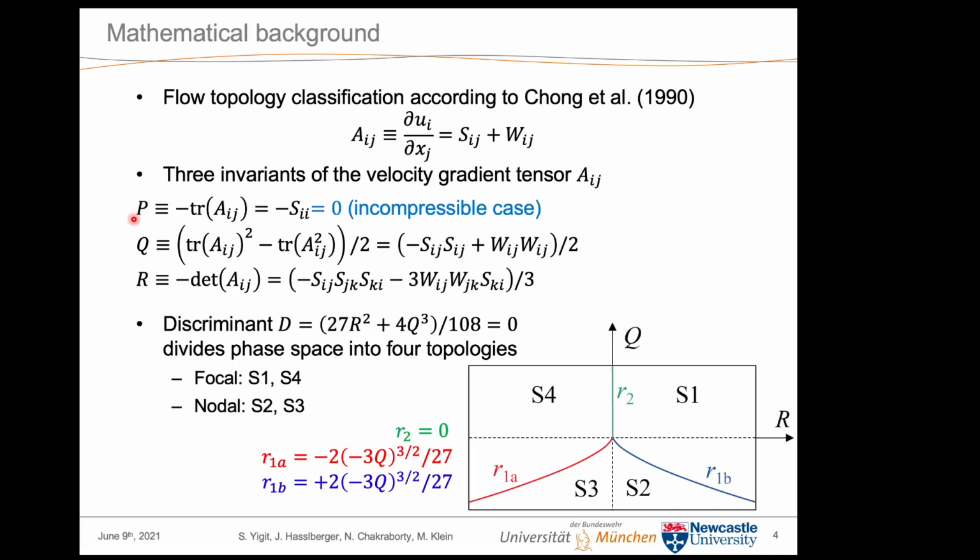Luckily here, for incompressible flows, the first invariant is 0, which makes the thing much easier. But then still we have the second invariant and the third invariant. And if you have a look at the mathematical definition here, you can also see that via the contraction of the rate of strain tensor, which is the dissipation of kinetic energy, this has a physical meaning as well, of course.